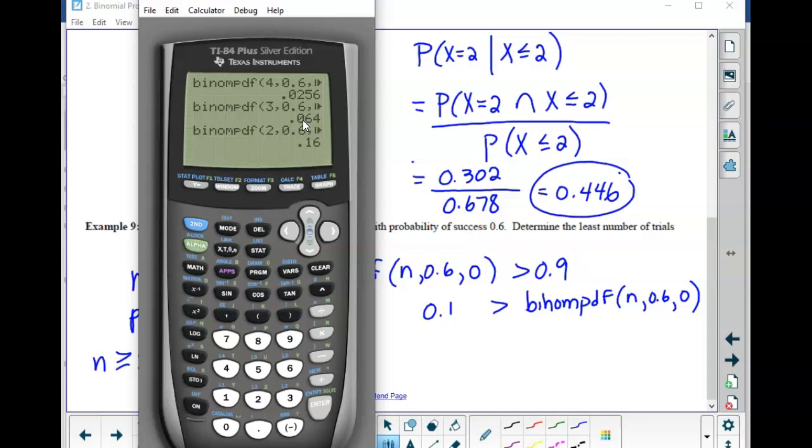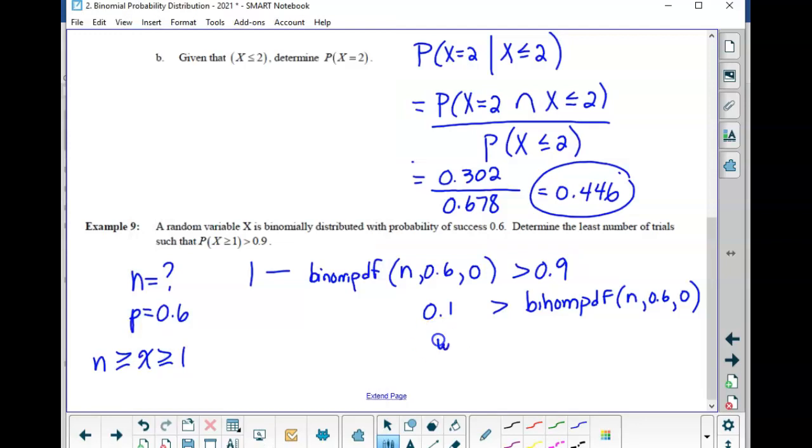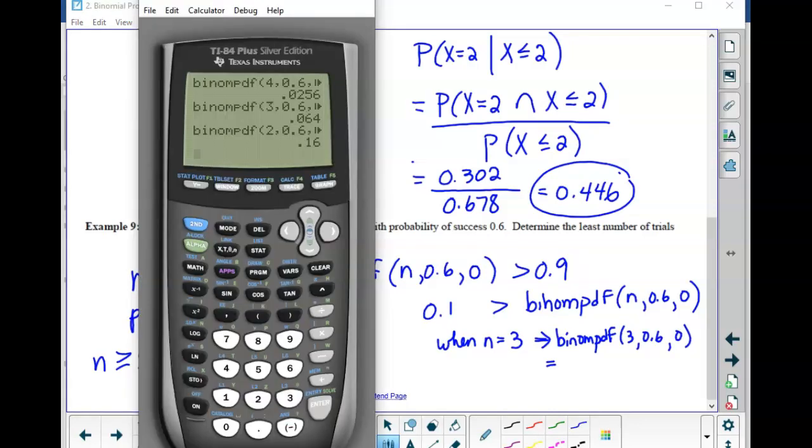So when n equals 3, binom PDF 3, 0.60, which is equal to 0.064.